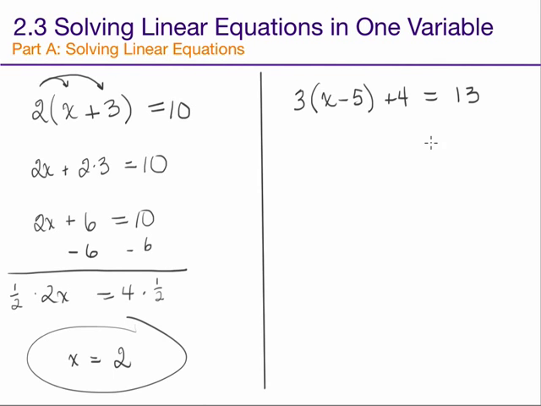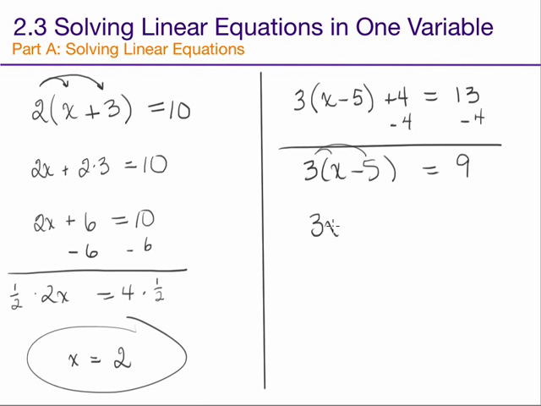Here's another example, but in addition to distribution, I have this plus 4 hanging off the end here. I can either subtract 4 from both sides of my equation before I distribute, then do my distribution. 3 times 5 is 15.